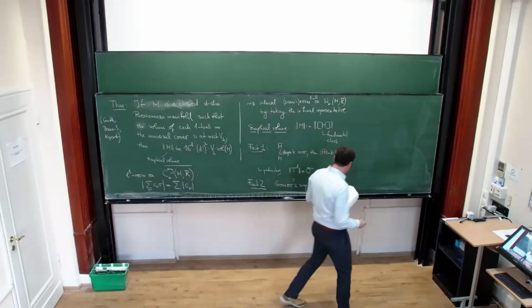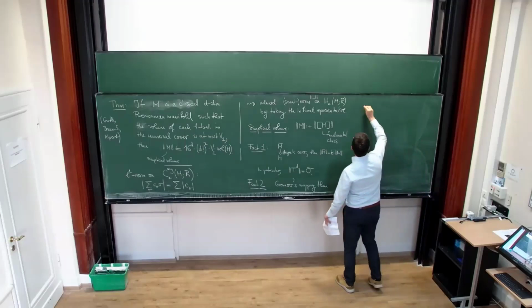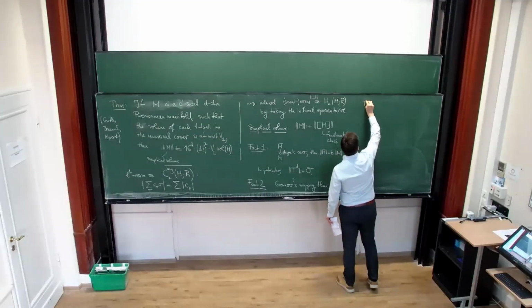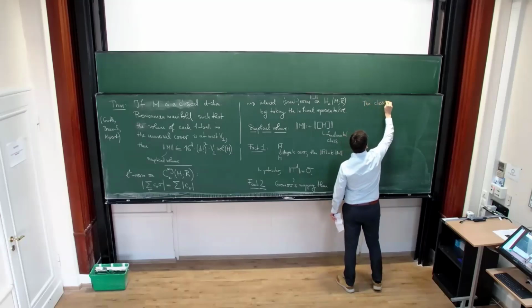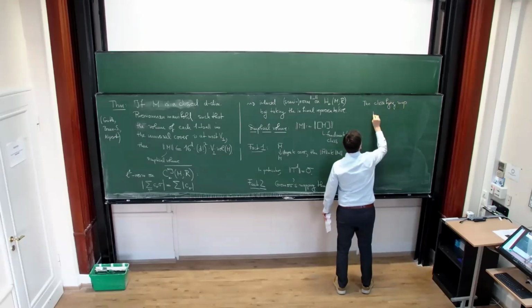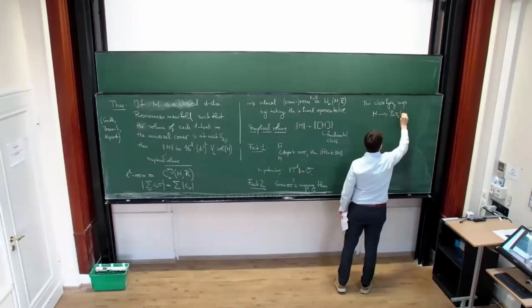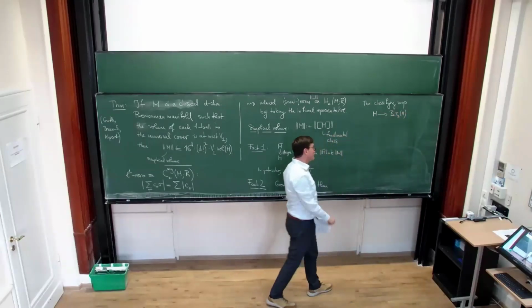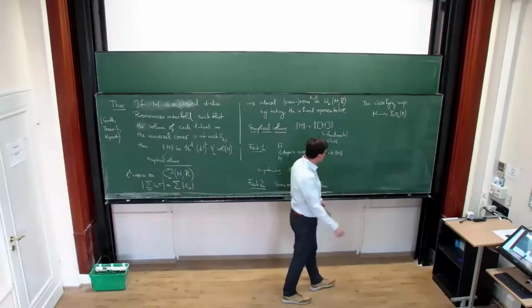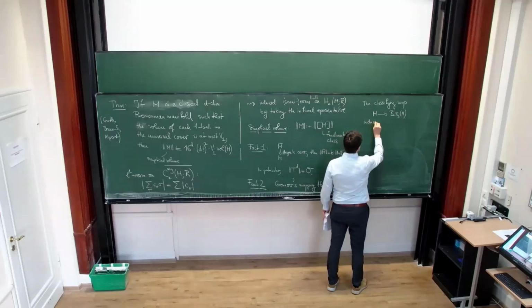So if you look at the classifying map from M to the classifying space of its fundamental group, you could denote it B pi 1 M. You always have this map, which is one-connected. And this induces an isometry.